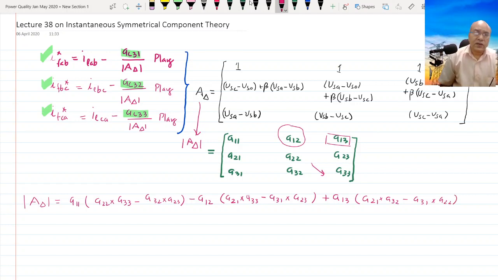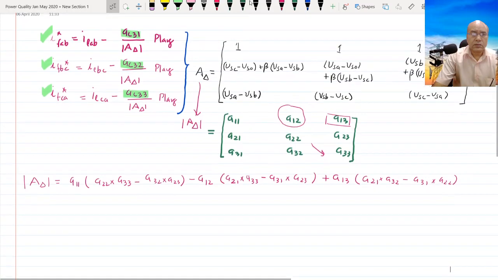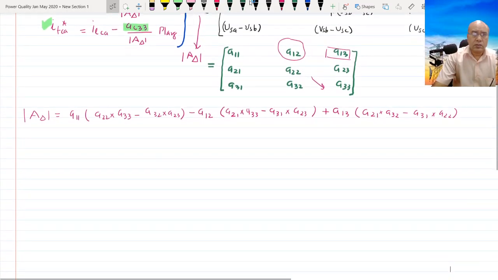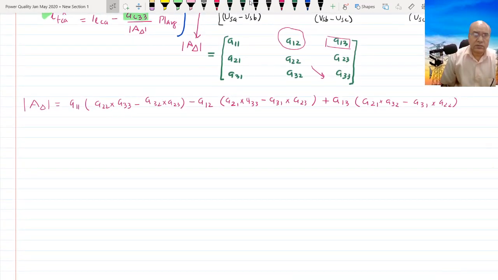Okay, substitute these values and simplify them the same way as we have done for the previous case.